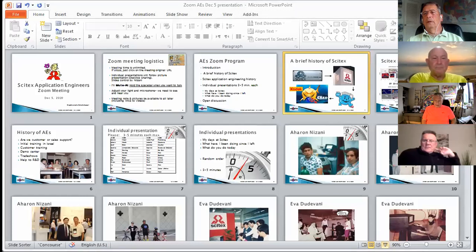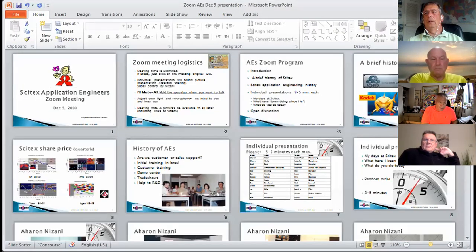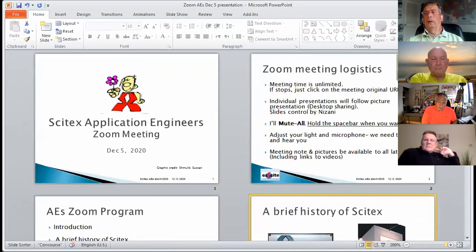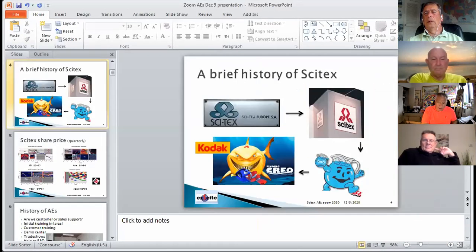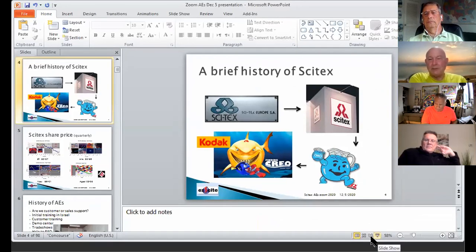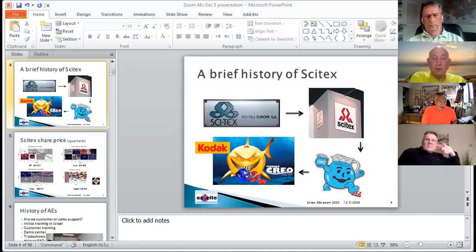Try the upper menu on slideshow. You have to go out of the share, try the slideshow, and then go back to the share.